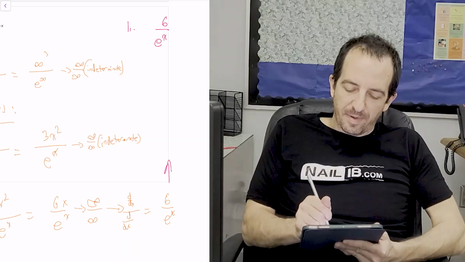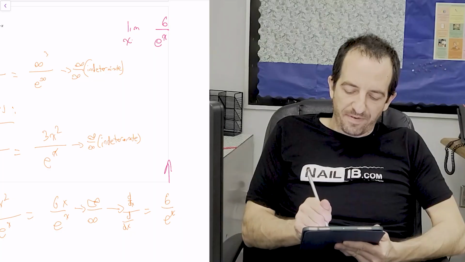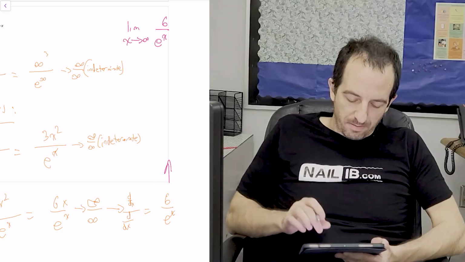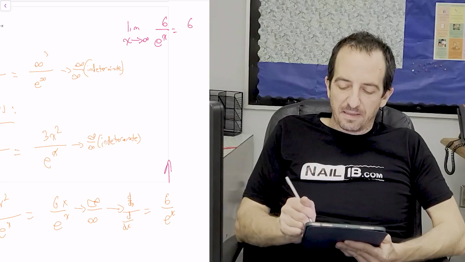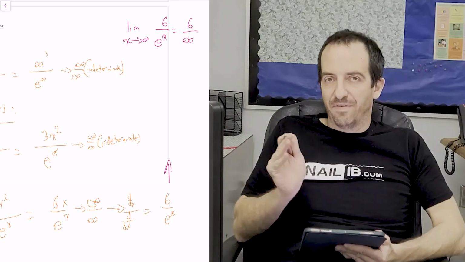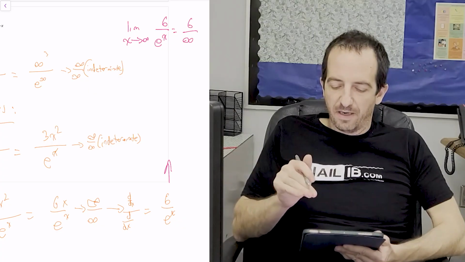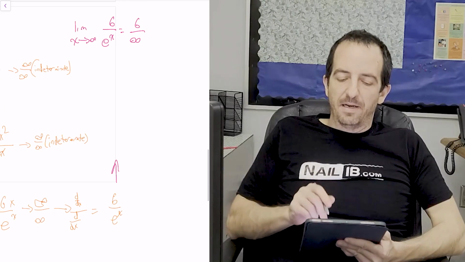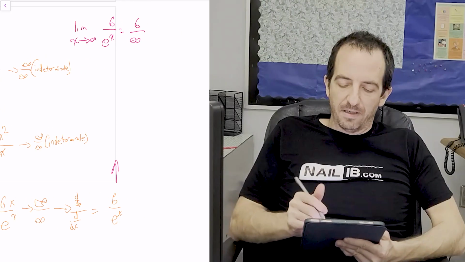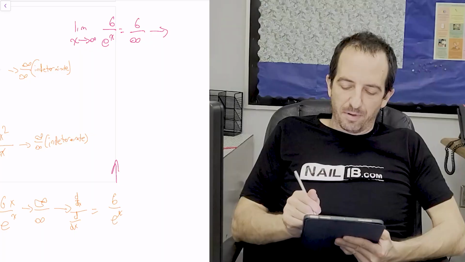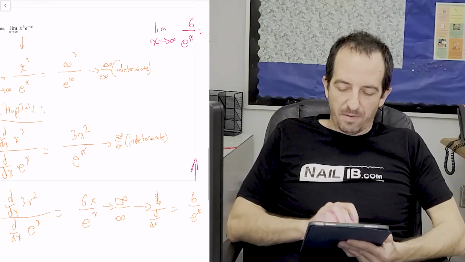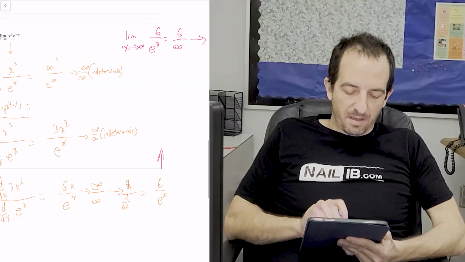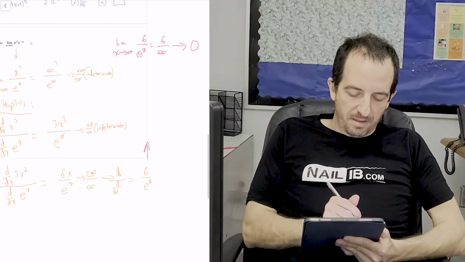If I take this limit as x approaches infinity, which was what we were approaching, what's going to happen now? We're going to have 6 over infinity. This is not of the form infinity over infinity. Rather, we're dividing a positive number by infinity, meaning that this right here is approaching 0. So this limit is approaching 0.